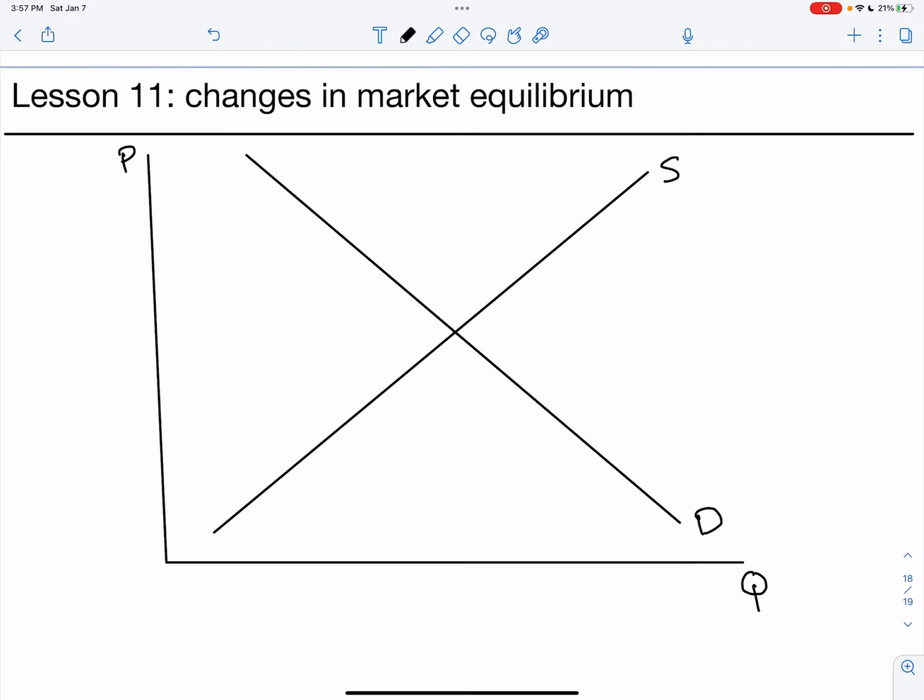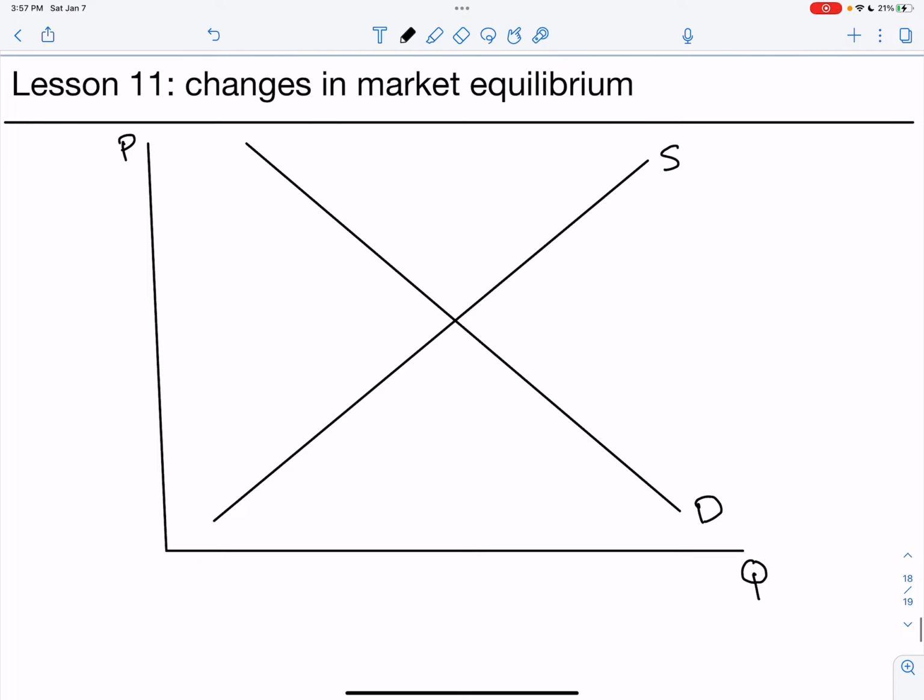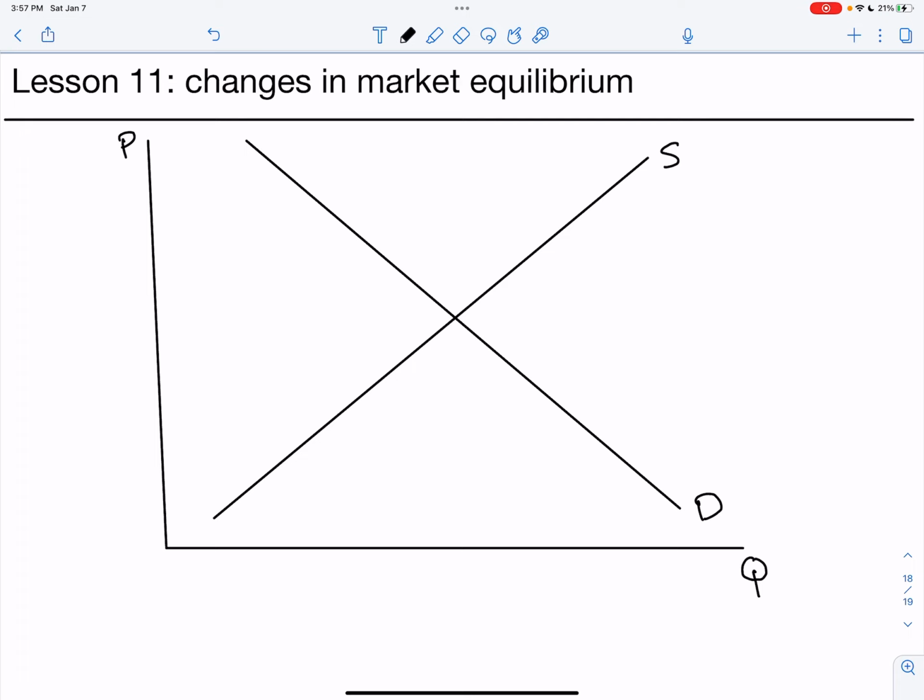Now, a lot of students tend to try to go through the logic in their own minds, and tease out the logical economic implications of a shift in demand or a shift in supply in their own heads, and that's fine.